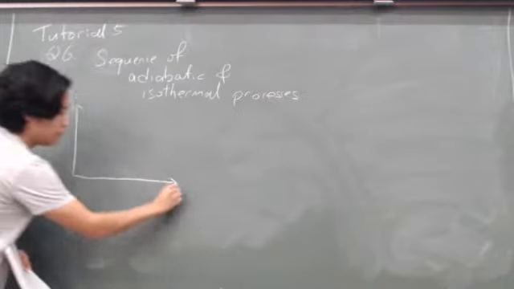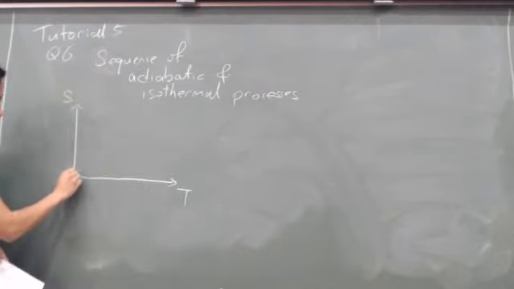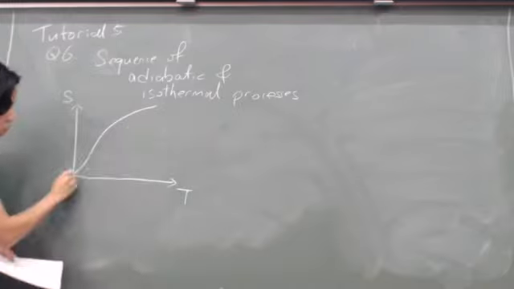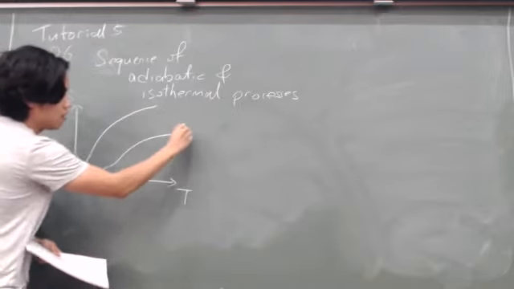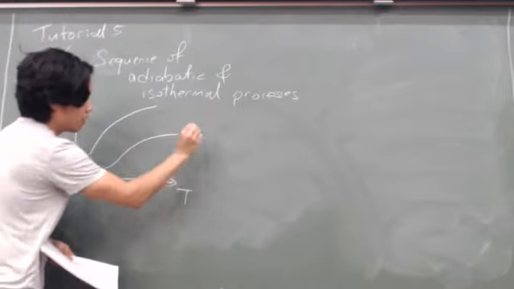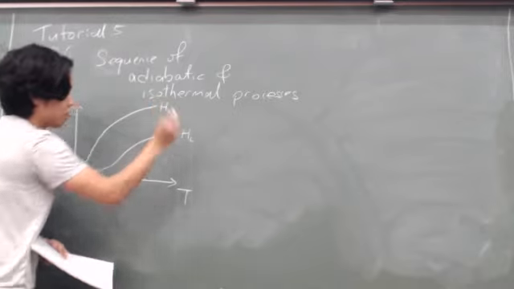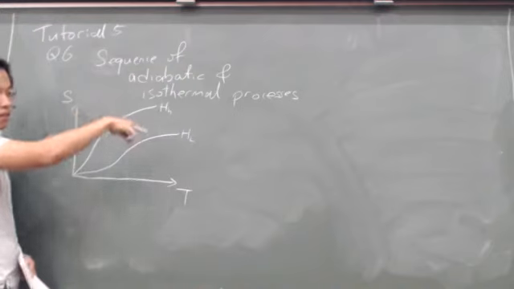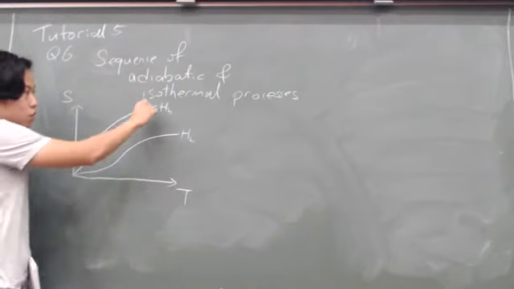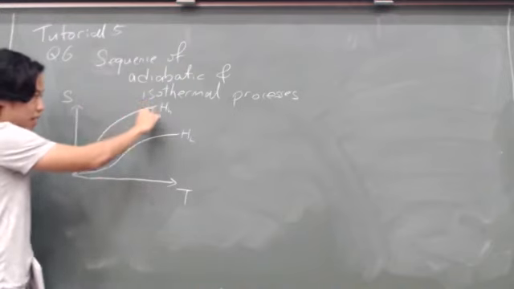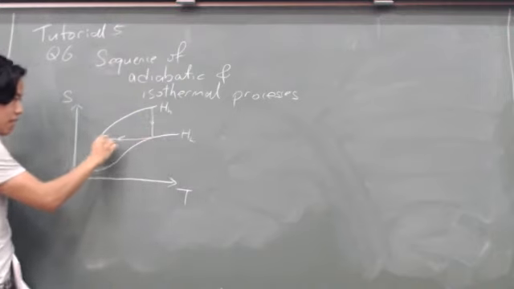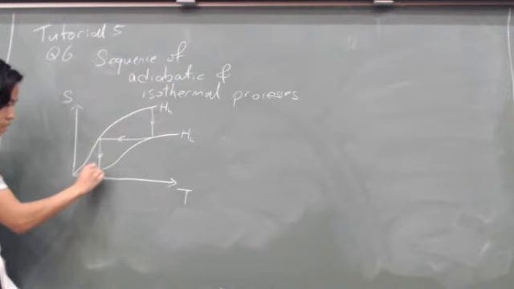If you have two magnetization curves, a low magnetization and a high magnetization, you go between adiabatic, isothermal, and adiabatic, and then isothermal, and then adiabatic, like that.